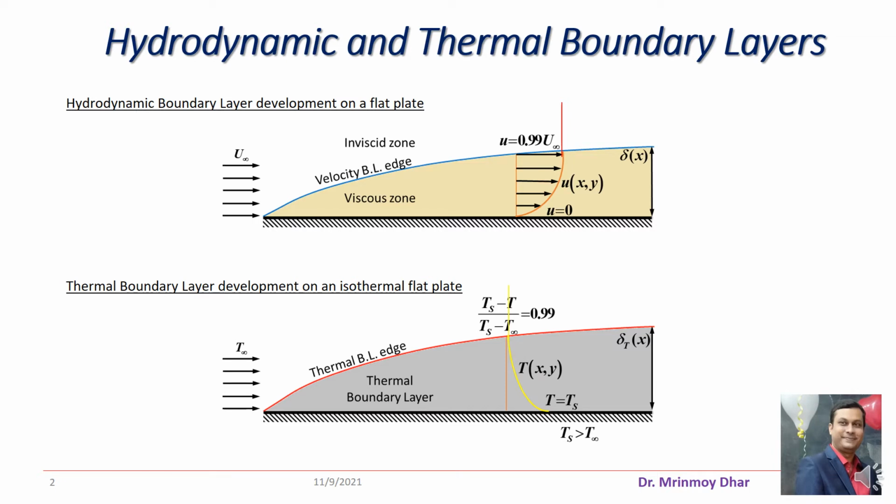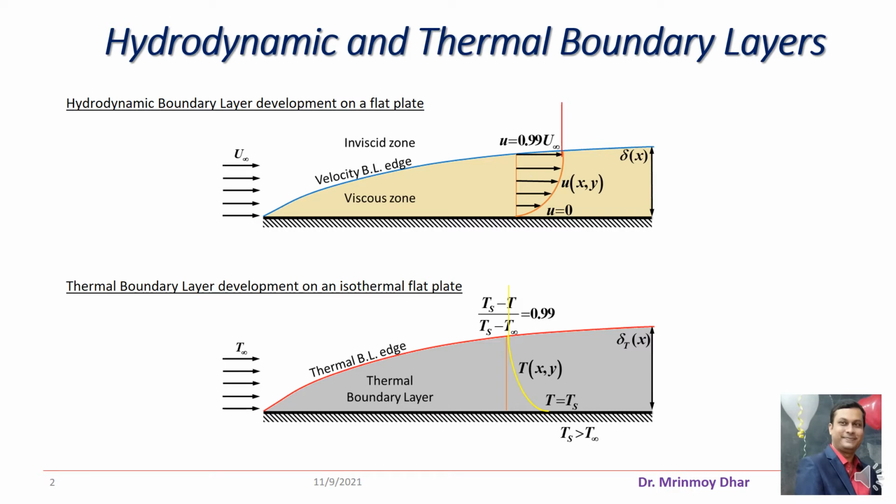It is at Ts, and we are considering that Ts is greater than the free stream temperature T infinity. So there is a temperature difference, Ts greater than T infinity. So when the free stream fluid of uniform temperature T infinity approaches the flat plate, here also, like the hydrodynamic boundary layer, there will be formation of a thermal boundary layer.